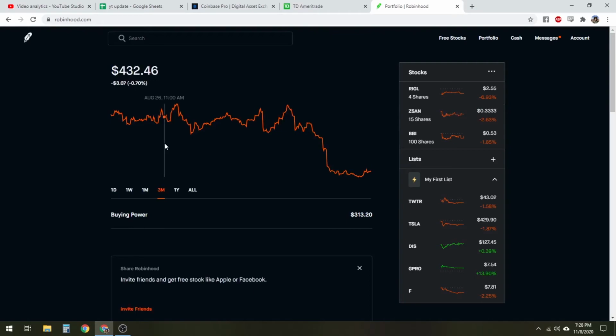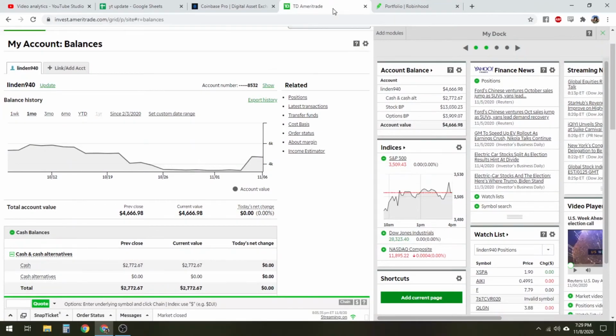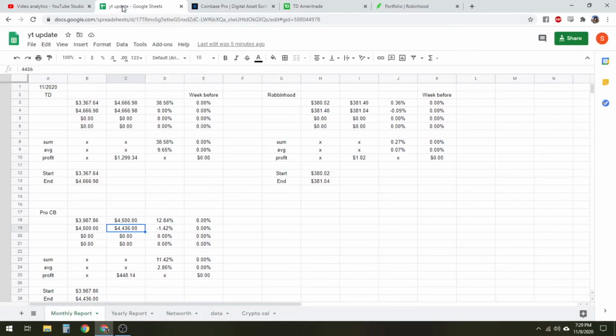But I don't like this platform at all. You can also see the shares that I'm currently still in. Anyway, that's Robinhood. I could do a video comparing Robinhood to TD Ameritrade. TD Ameritrade is just far superior, guys. Anyway, so we've got those three trading platforms talked about.